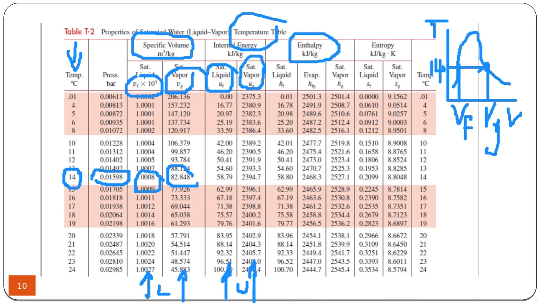Enthalpy has three different columns. The first column is the enthalpy of the liquid. The third one is the enthalpy of the gas. And in between, you can find the difference between the enthalpy of the gas and the liquid. So the middle column is called hfg.